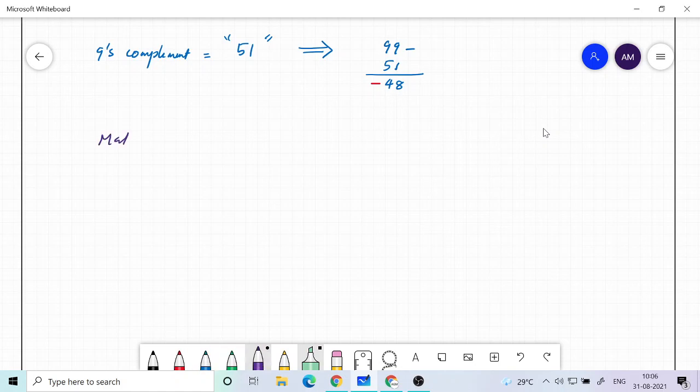Now the mathematical representation of 10's complement. As you have seen from the mapping which I have shown earlier with 2-digit numbers, you will get some idea how to write it, since you have already seen it for 9's complement.